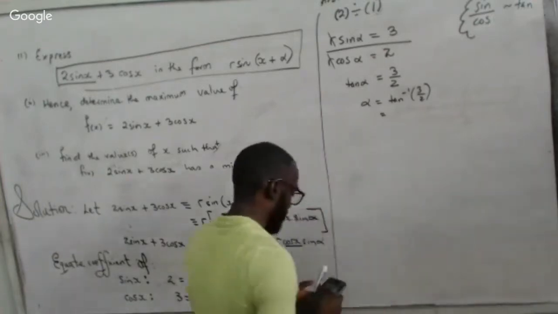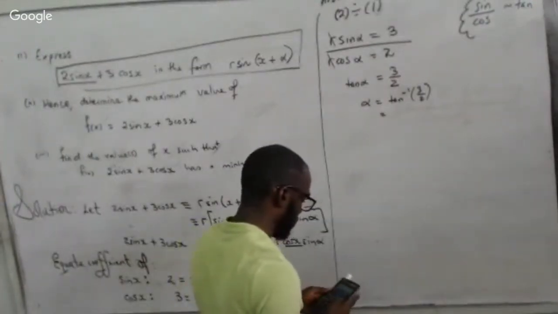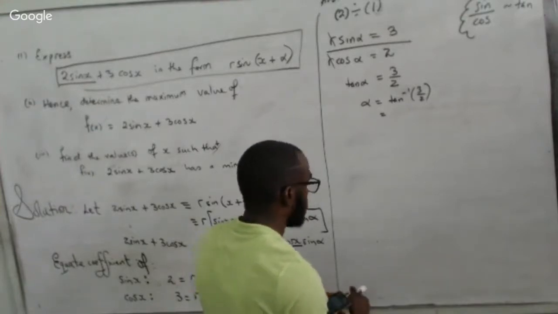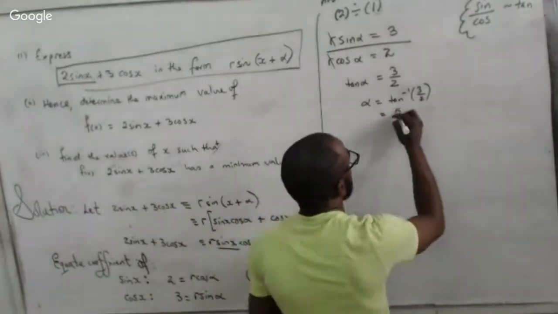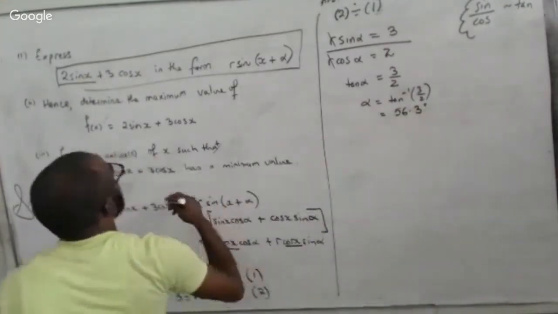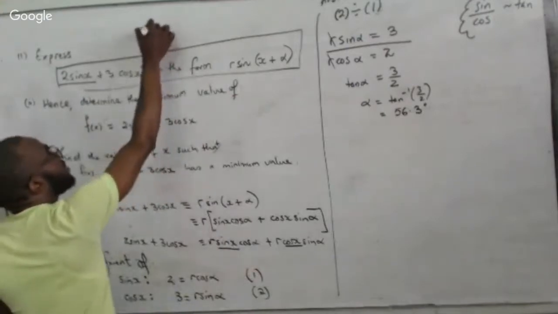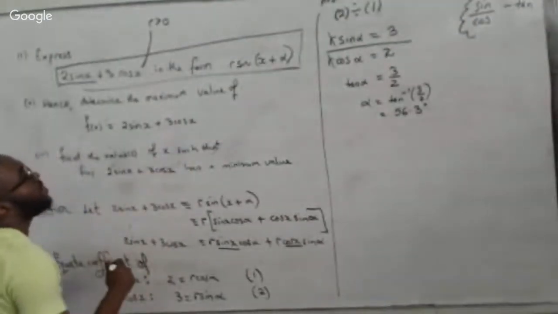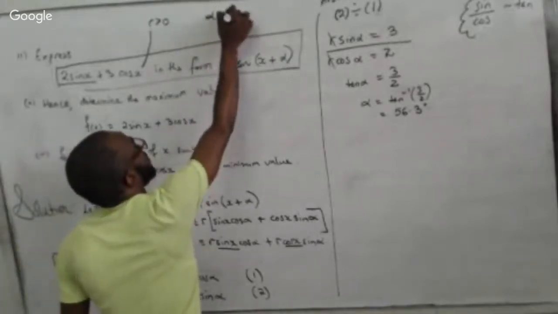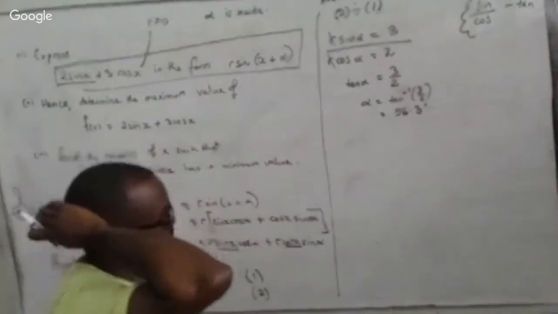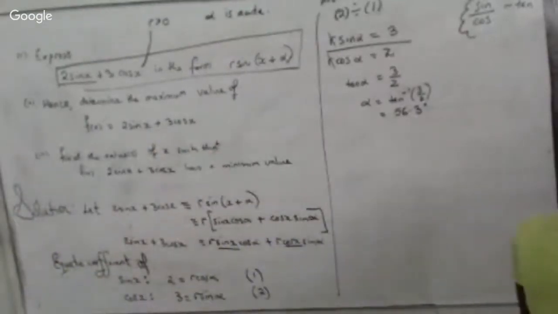What do we get? 56.3 degrees. Right here, guys, r is always going to be greater than 0. That's usually part of the question. And alpha is usually acute, so that's a nice check. Alpha should come out to be acute, less than 90.